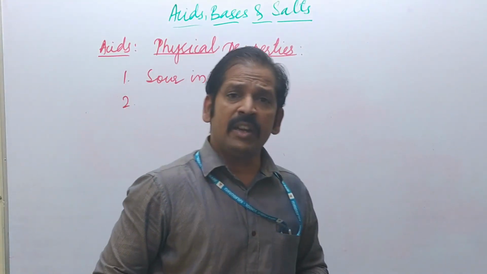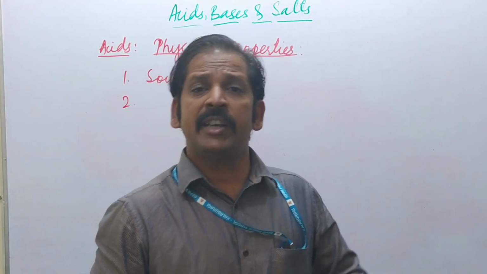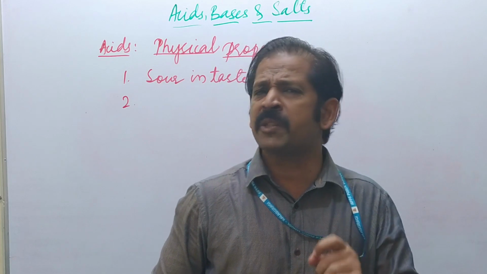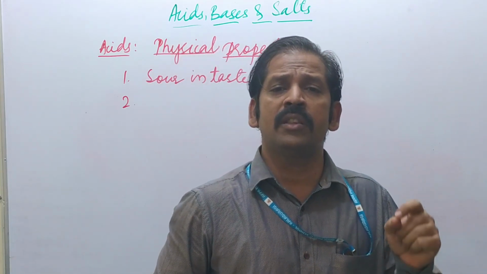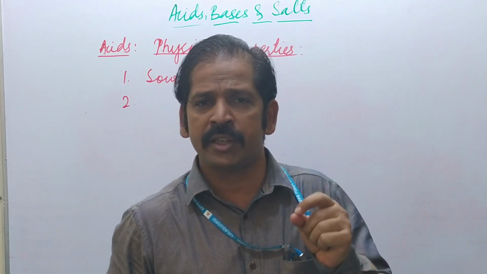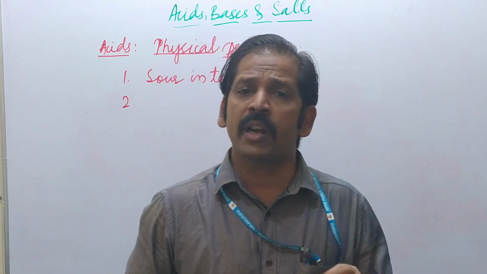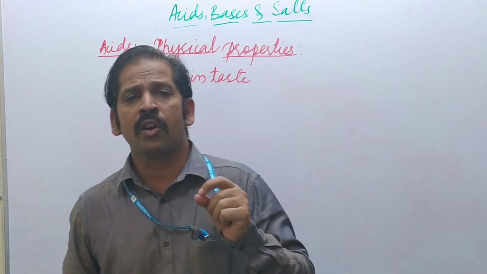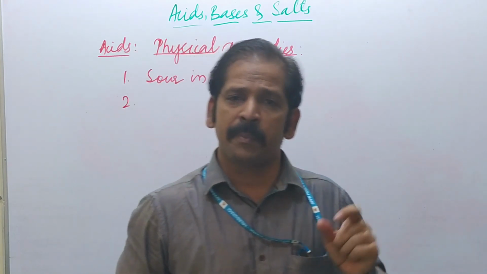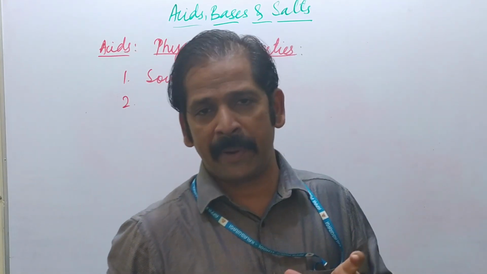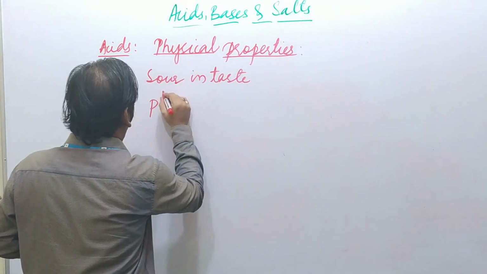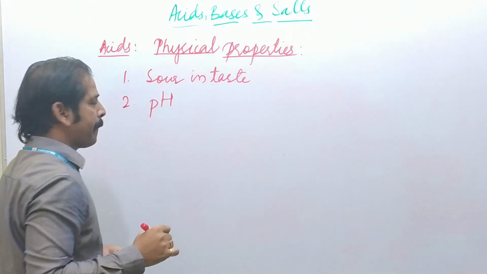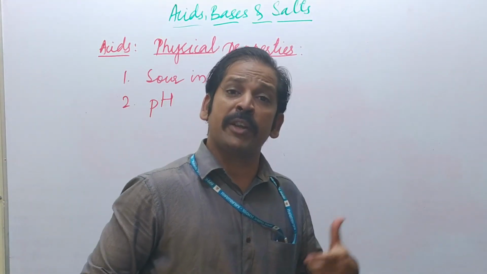The second physical property of acids is their pH value. What is pH? pH is nothing but power of hydrogen ion concentration. pH: P should be small, H should be capital. They also use the word potence instead of power.